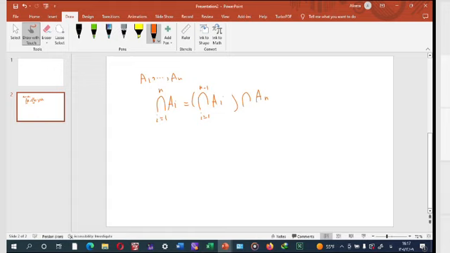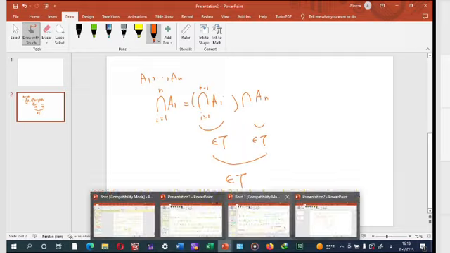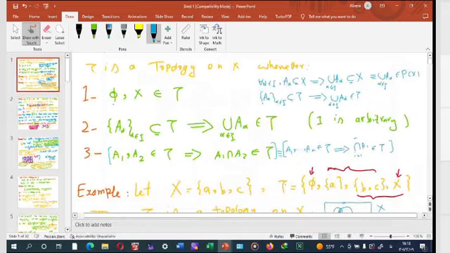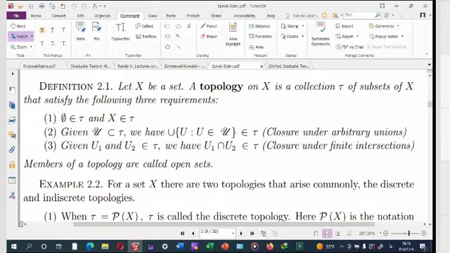Now we can use induction. By the induction assumption this belongs to tau, and this is an element in tau, so this must belong to tau. So it is very trivial that these two are equivalent. And for this reason we say closure under finite intersection, not two elements.